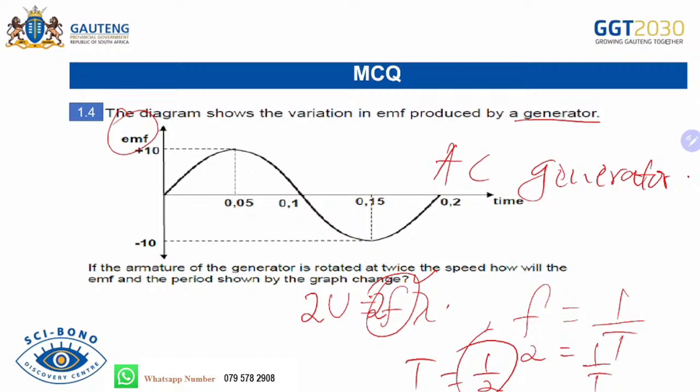But we know that if we increase the speed of rotation of the coil, EMF will be increased also. So the EMF will increase, right? What about the frequency? The frequency will also increase by that factor. So you increase the speed of rotation by a factor of 2, right? What about frequency? The frequency will also increase by a factor of 2.